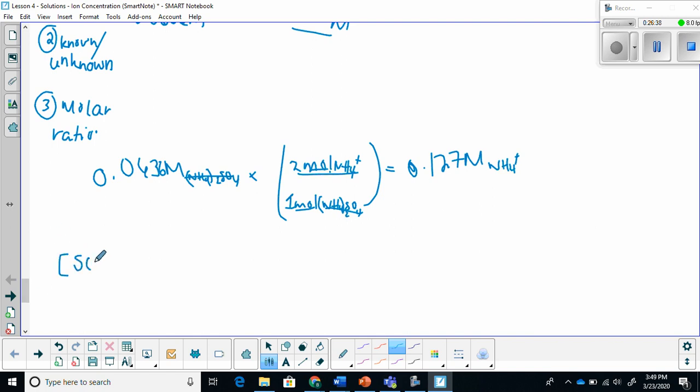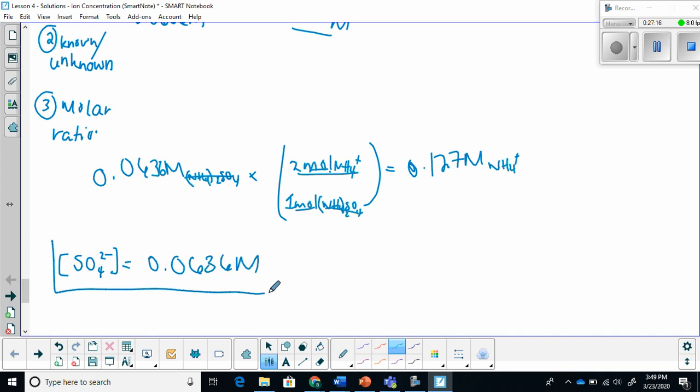So for sulfate, the concentration is going to be 0.0636 moles per liter.